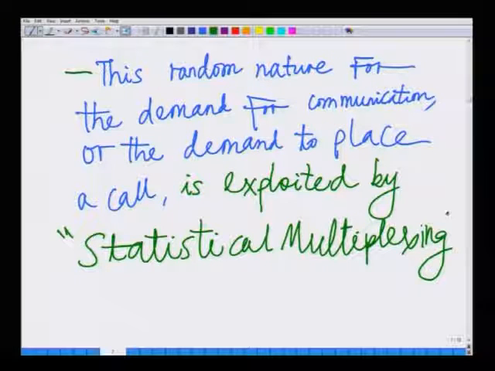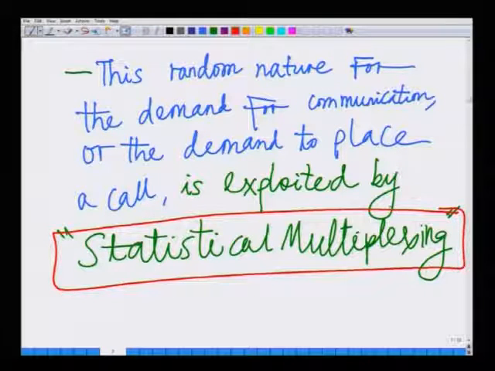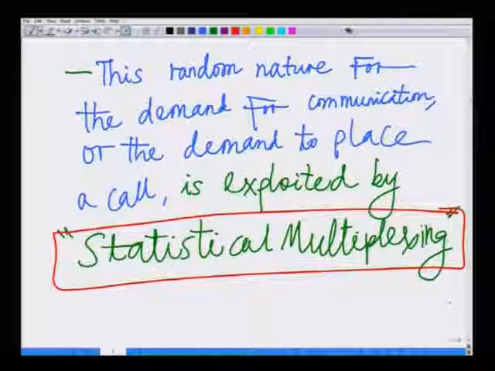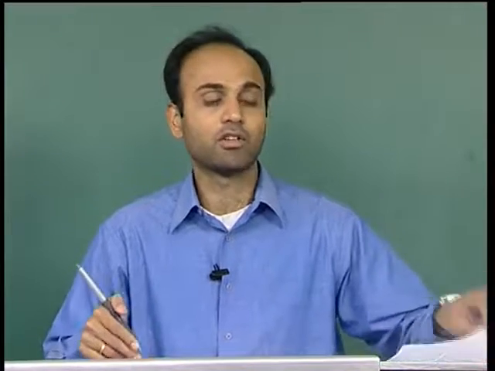This is exploited by this technique termed statistical multiplexing, which essentially says that you can statistically multiplex all these users because the placement of calls is a random event, and this statistical multiplexing can be used to support a much larger number of users with actually a very few channels, and in fact that is what we are going to see. How that is possible is what we are going to see in the rest of this topic.